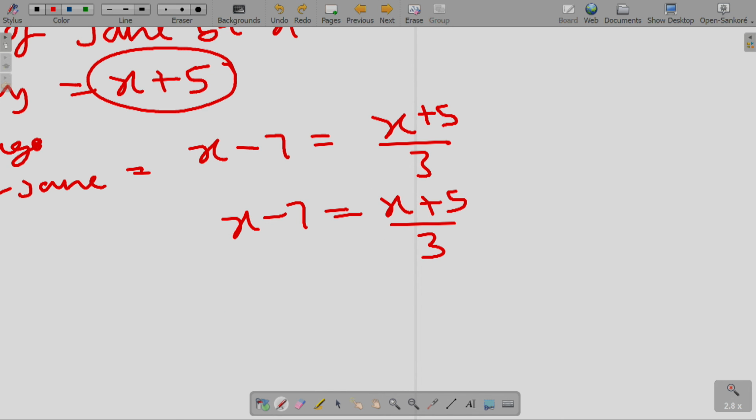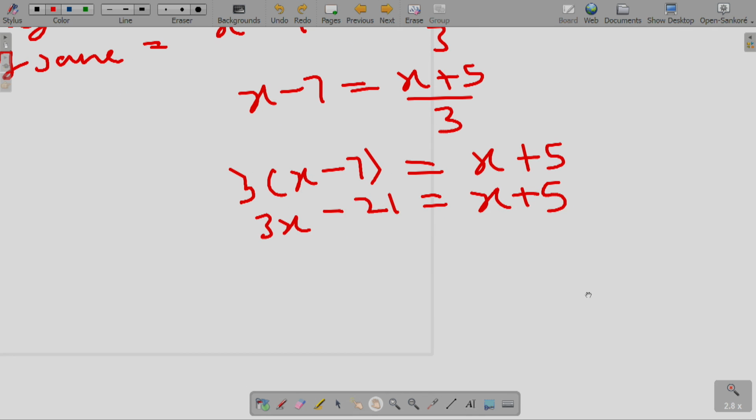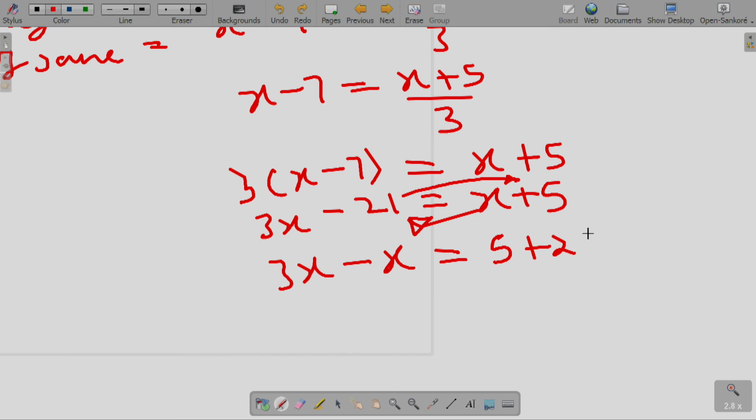Let's cross multiply. We get 3 into bracket x minus 7 is equal to x plus 5. 3 times x is equal to 3x minus 21. This is equal to x plus 5. So 3x negative x is equal to, shift this to the other side, 5 plus 21.